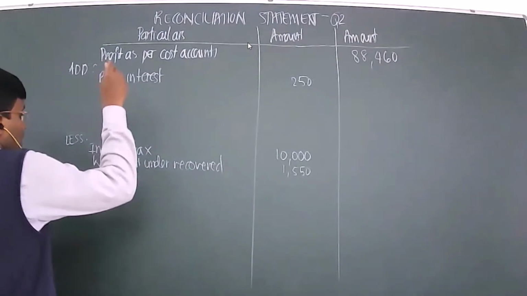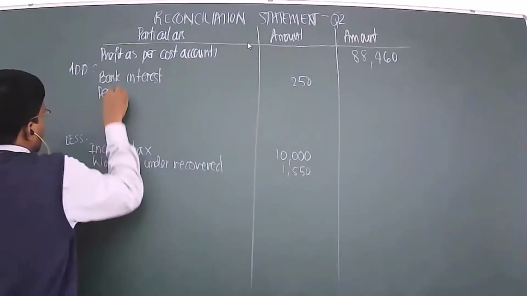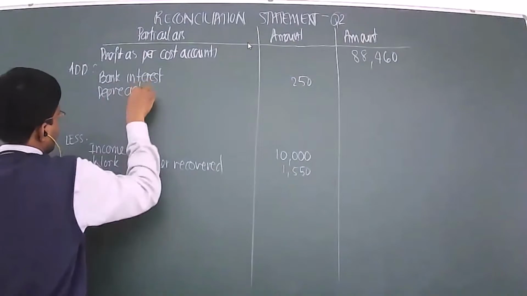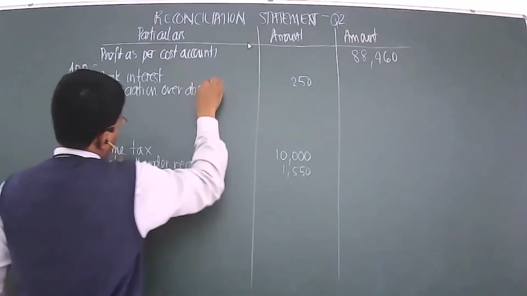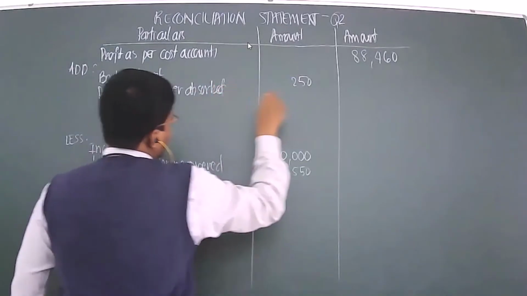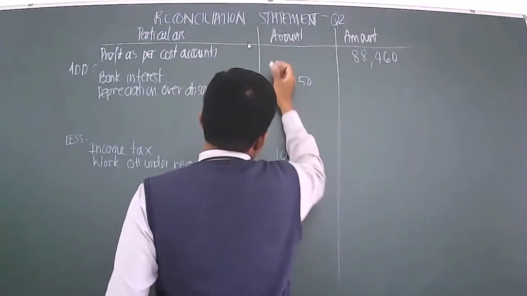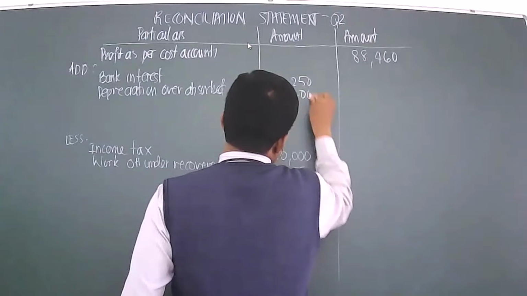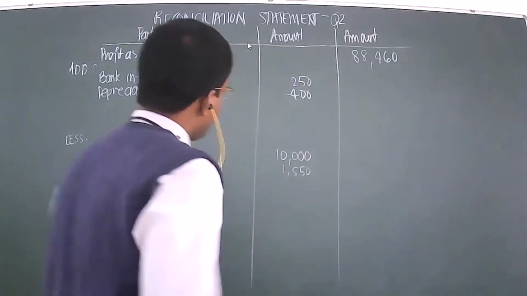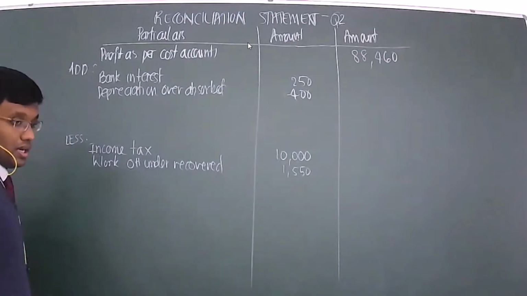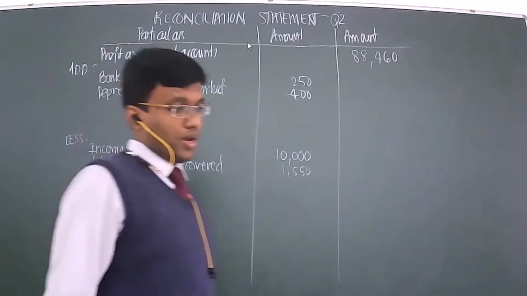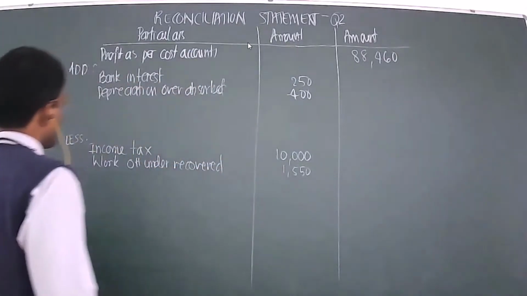So depreciation over absorbed is 400. How did we get 400? That was 6,000 minus 5,600.